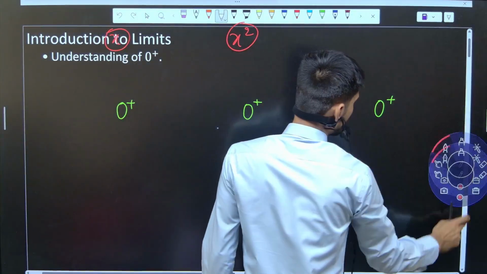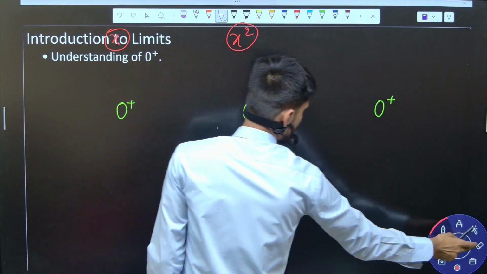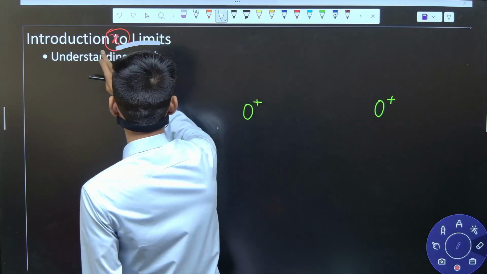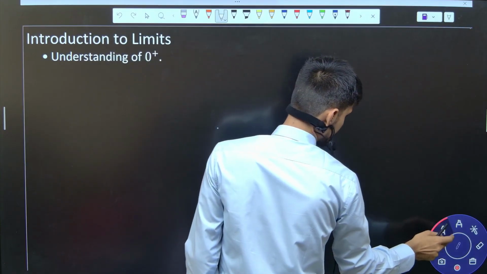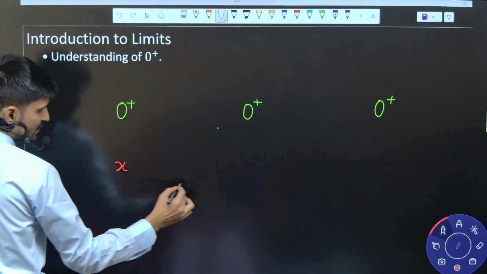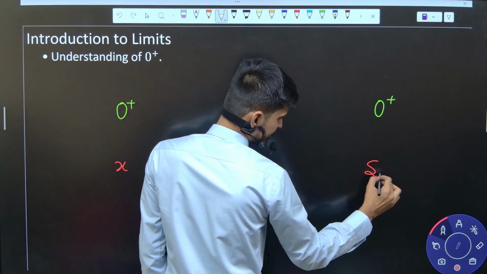Let me take one more expression. Okay, so here I am writing x, x square and sin x.